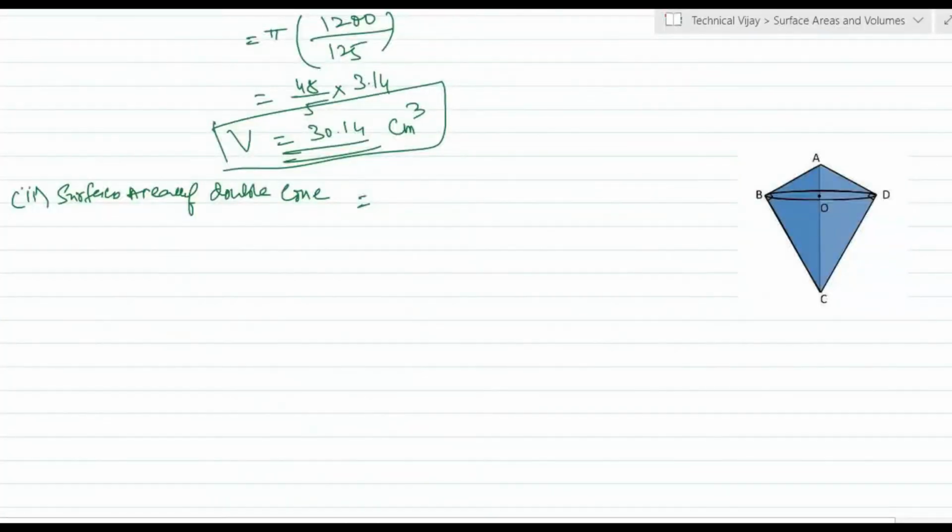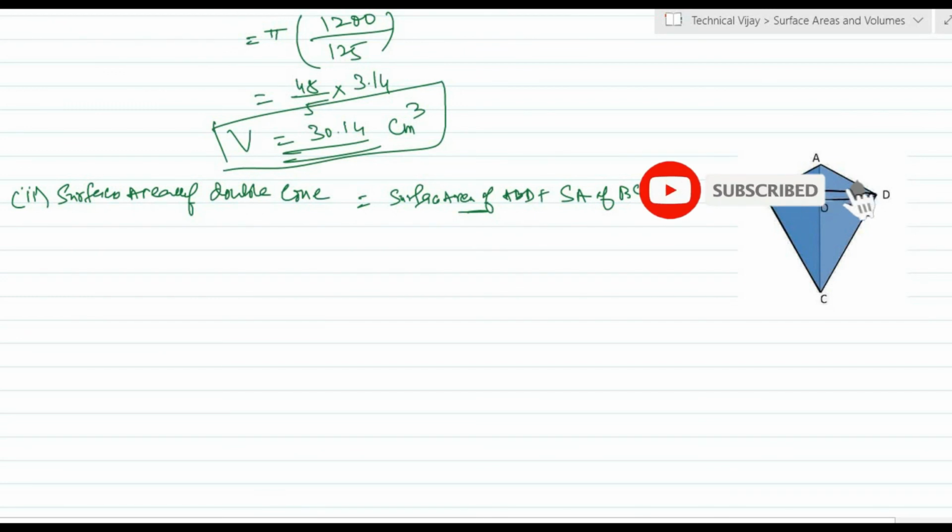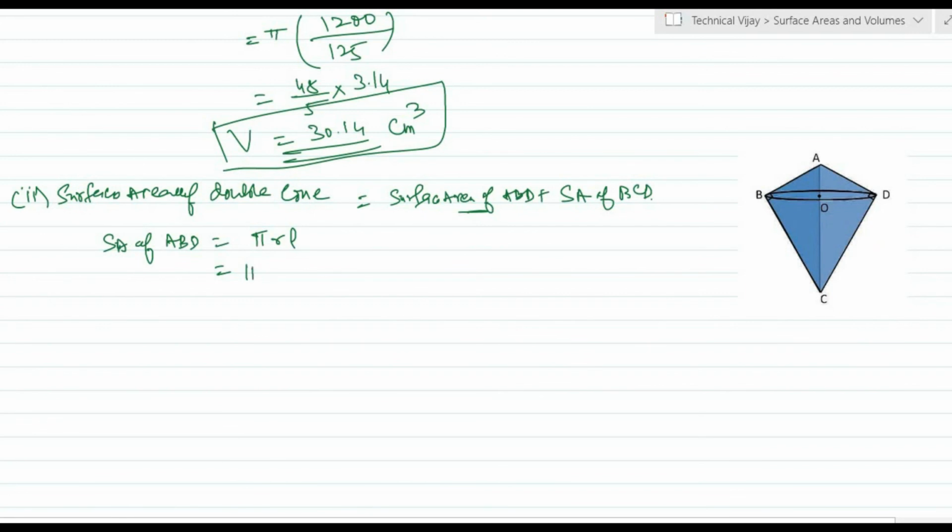The surface area of the double cone is equal to surface area of ABD plus surface area of BCD, these two cones. So now we will calculate the surface area of ABD cone. So this is equal to pi RL. Here pi into R, that is BO, into AB.